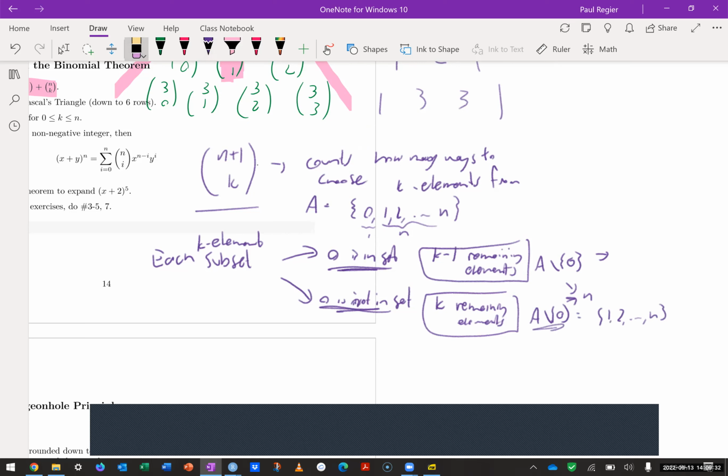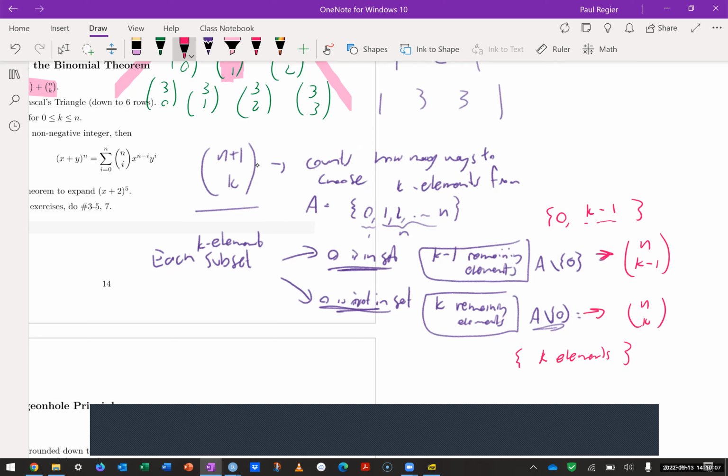So how many ways are there to pick the remaining elements? Here there are n choose k-1. We're choosing k-1 elements to match the 0. So we have 0 in this set and k-1 remaining elements. And in this set here, we have n choose k, because 0 is not in the set, but there's just k elements in our set.